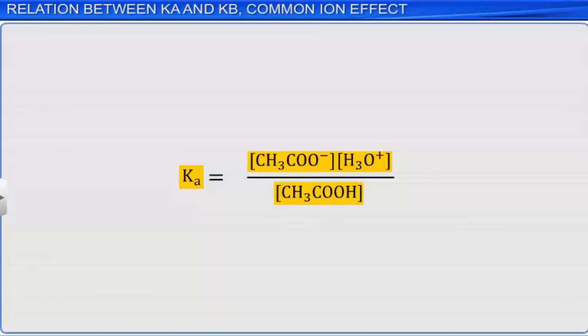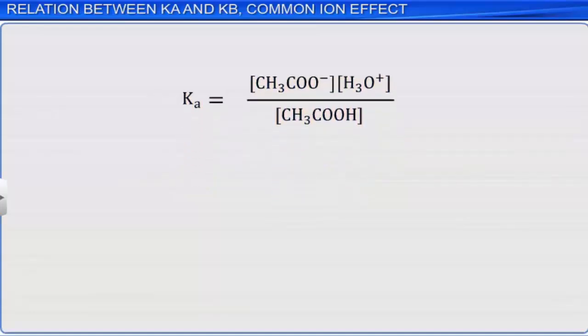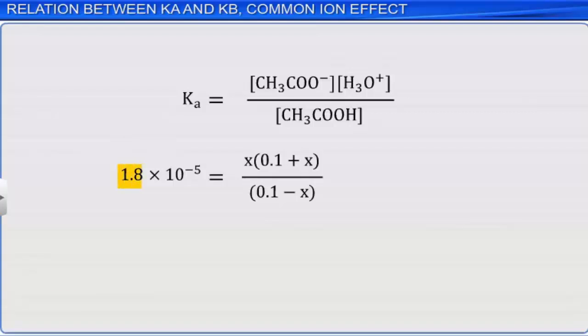Substituting the value of Ka and of the equilibrium concentrations of acetate, hydronium ions and acetic acid, we get 1.8 multiplied by 10 to the power of minus 5 is equal to X multiplied by 0.1 plus X divided by 0.1 minus X.